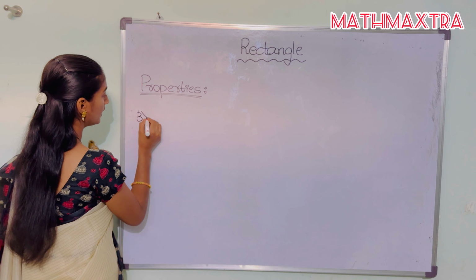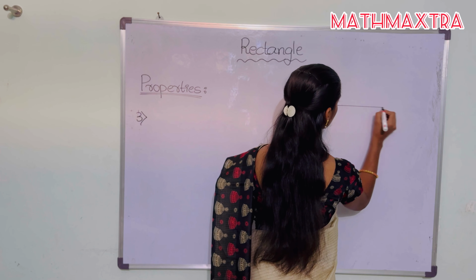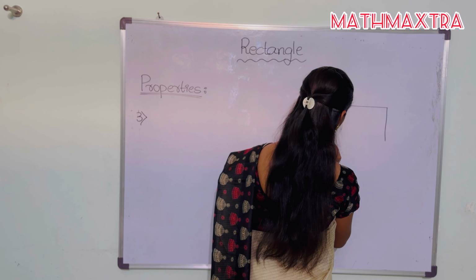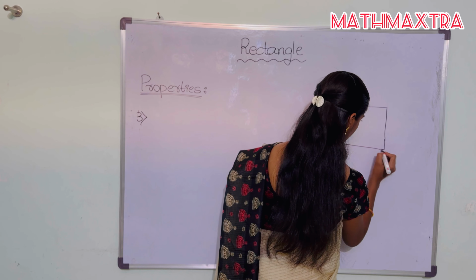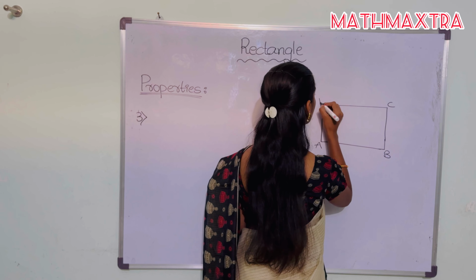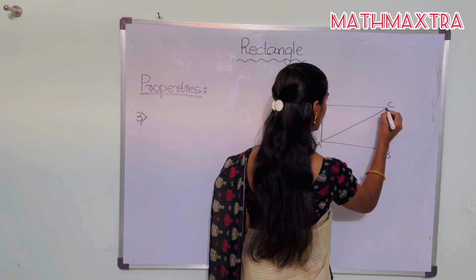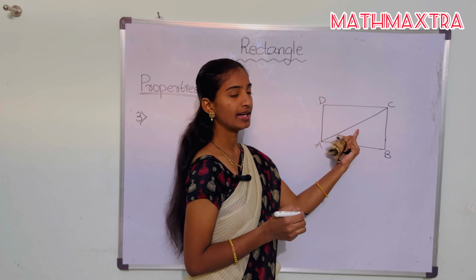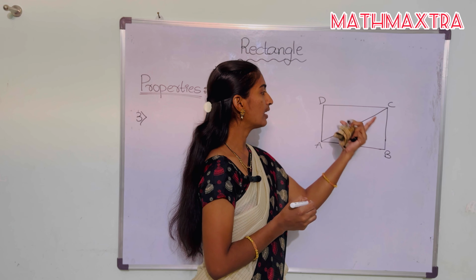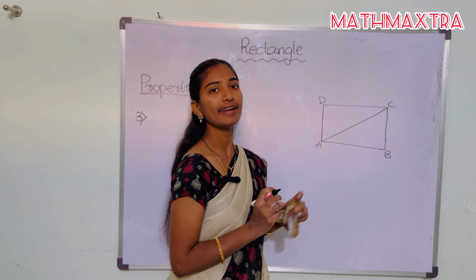The third property is, you take one rectangle. This is a rectangle ABCD. Now if you draw one diagonal, this diagonal divides this rectangle into two congruent right angle triangles.